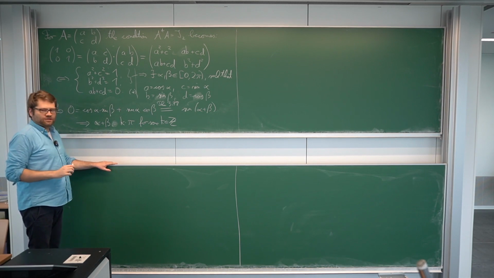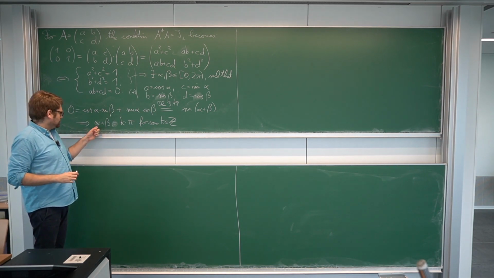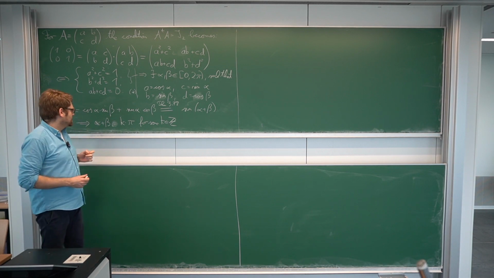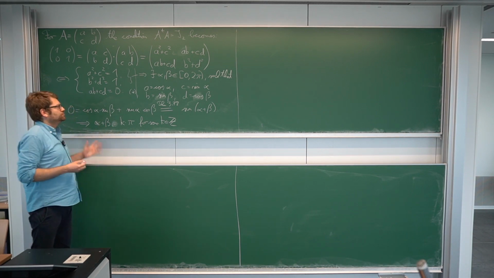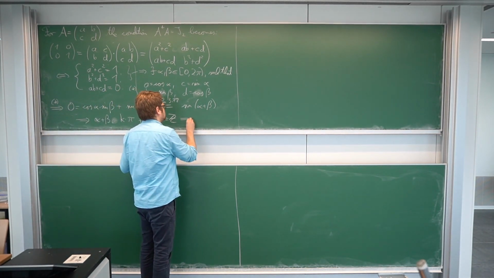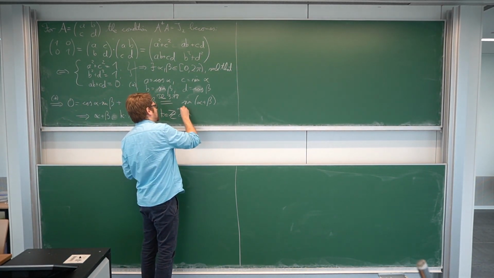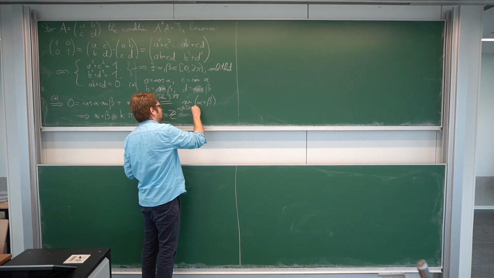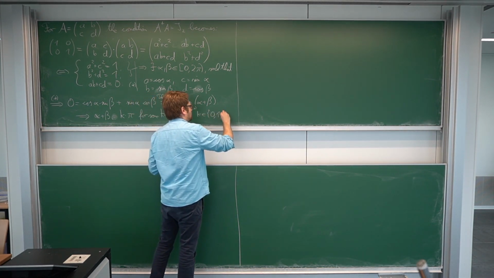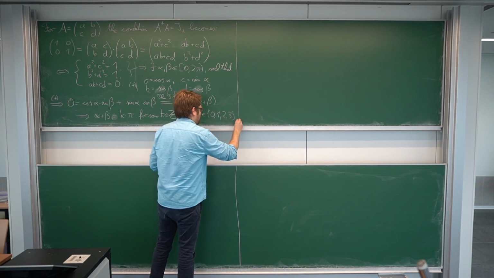Okay, and we can restrict this a bit further because, as we know, alpha and beta lie between 0 and 2 pi. So the sum always is bigger than 0 and below 4 pi. So this means, as alpha and beta are between 0 and 2 pi, k is 0, 1, 2, or 3.